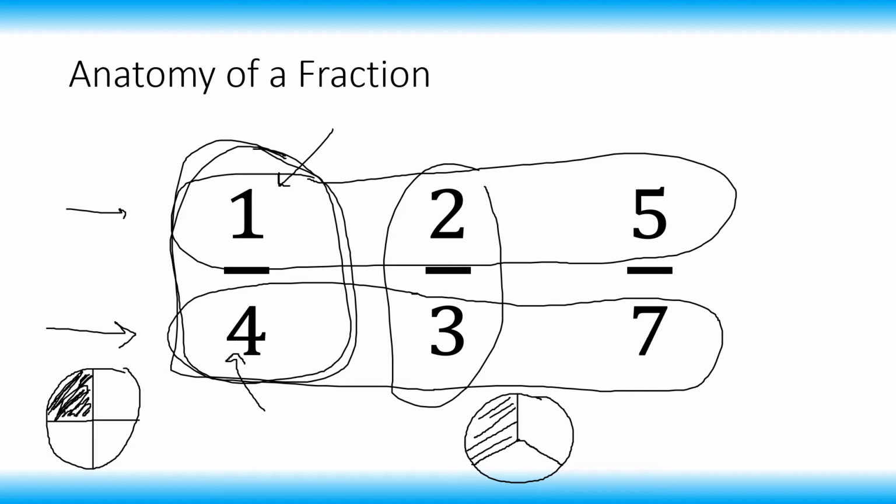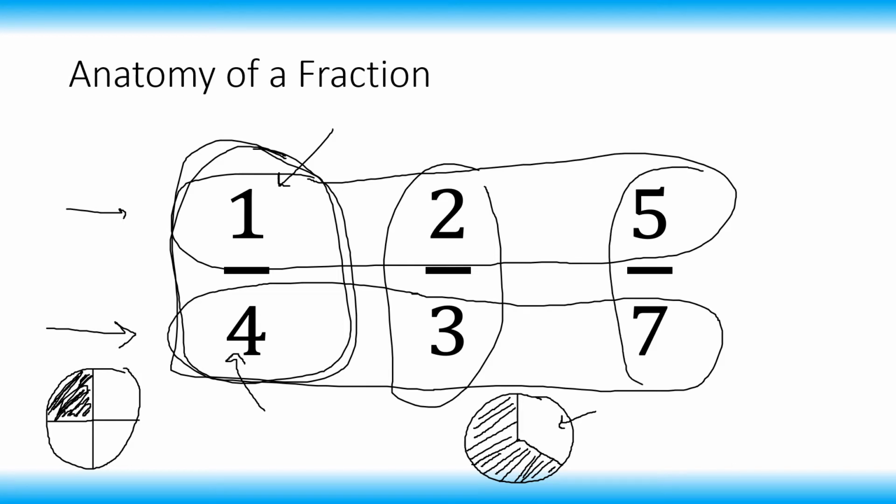There's 1 piece that we have, and here's the second. So shade in this right here, and there we can see that we've got 2/3 of the pizza, and this last third is the one that we're missing.